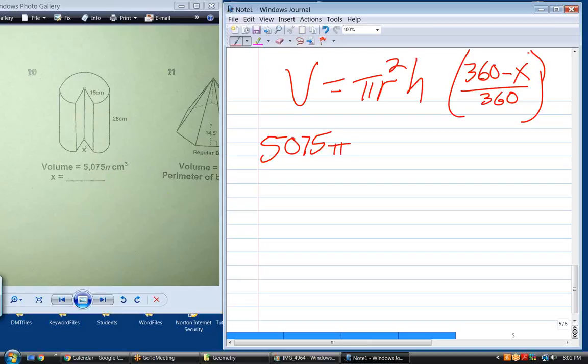So the volume equals pi times, what's r? 15? 15 squared times 28 times 360 minus x over 360.